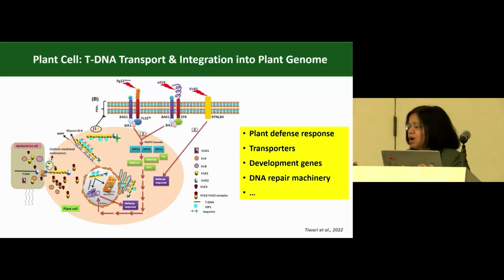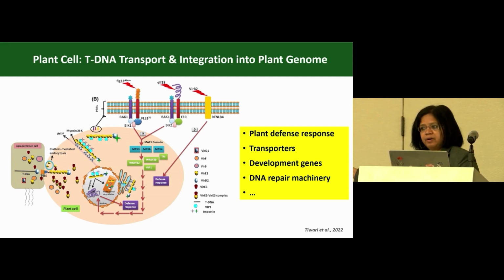There is a whole other world, which is the host side. And this world of the host side changes depending upon the explant type, the plant type, and so many other things. So there are thousands of genes induced early on or later during the integration process that determine the successful outcome. To name a few, there is the plant defense response, and this is the publication you can look at, and the references therein, to find more information.